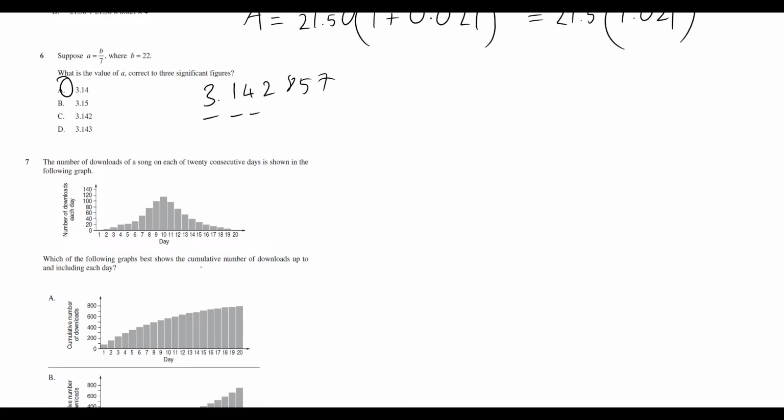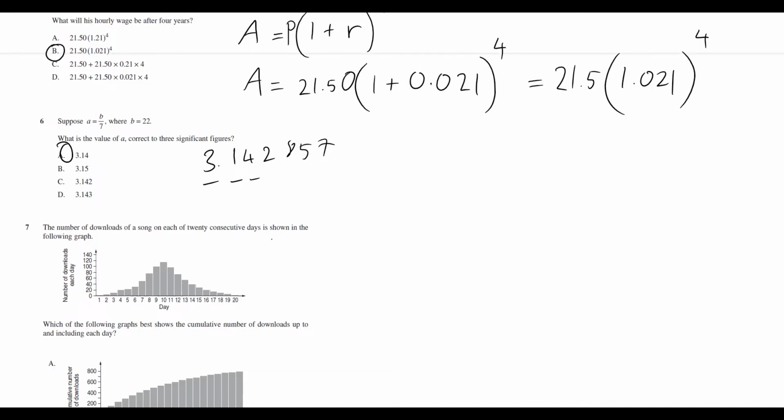Okay, so we're looking at cumulative frequency here. So it's very important for us to note first, before we even look at any of the options, to look at the trend of this graph. So we see that it has a bit of a slow start, and then there's a lot of downloads towards the middle. And then again, it starts decreasing and kind of slows off towards day 20.